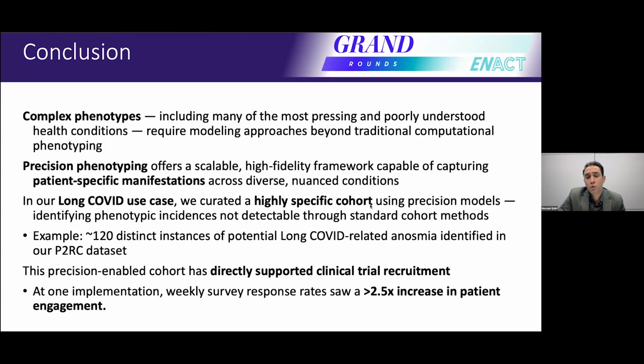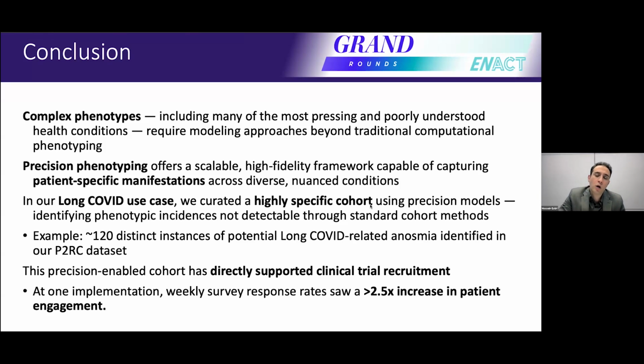It's incredibly hard to find that cohort for a clinical trial, and we're collaborating with investigators across MGB who are working on clinical studies on long COVID anosmia. And it wasn't just theory, it made a real clinical impact.